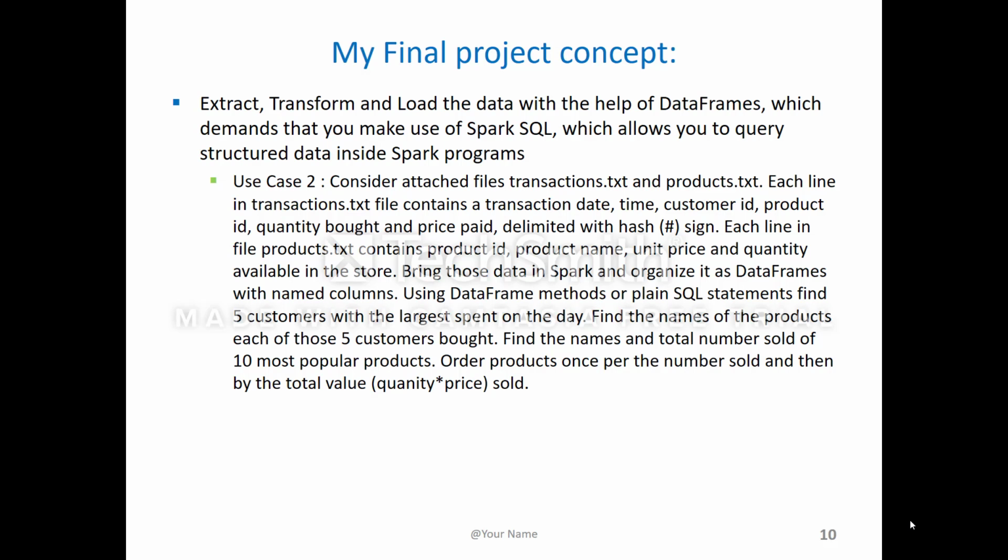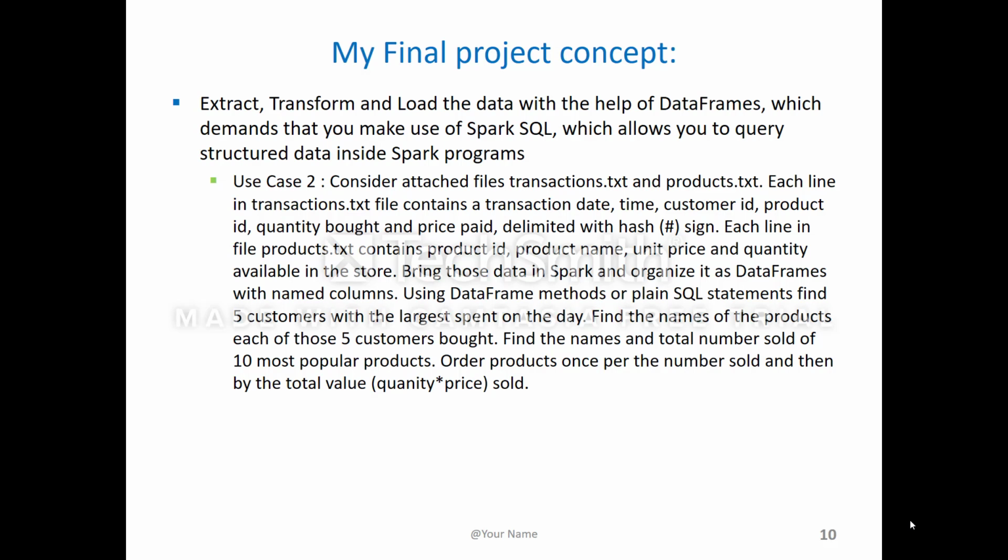The idea is to bring that data into Spark and organize it as data frames with named columns. Using data frame methods or plain SQL statements, I came up with a small exercise to find the 5 customers with the largest spend on the day.